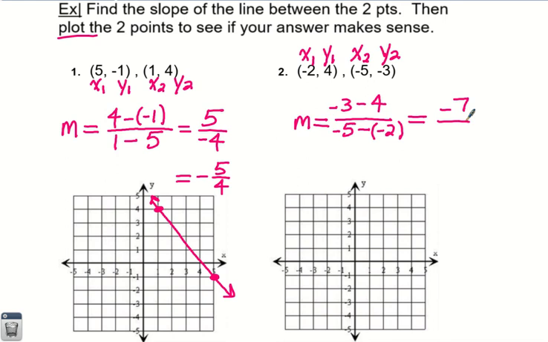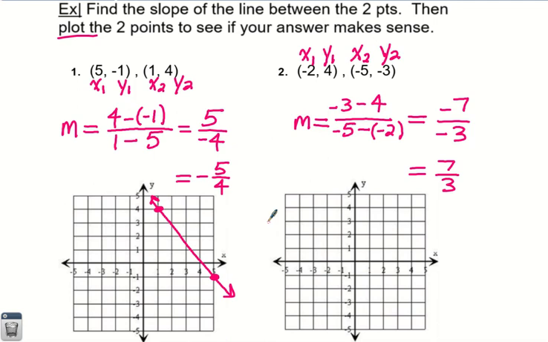And on the bottom we have what's the same as negative 5 plus 2, which should get negative 3. And so is there any dividing clean? No. Is there any reducing? Only that there's no reducing, except we know that a negative divided by a negative is positive overall. So positive 7/3 as our final slope.